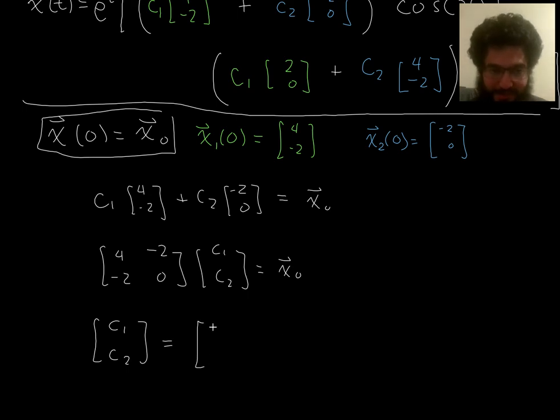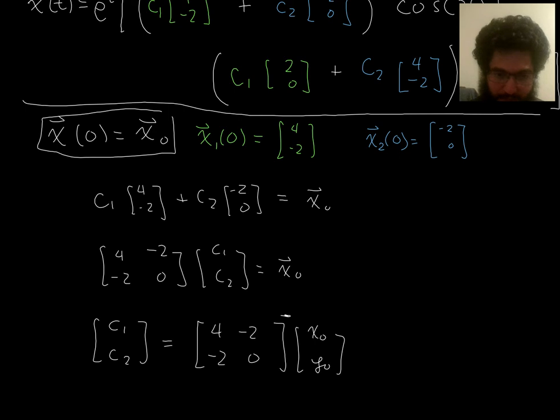Because for inverting this matrix, there's a formula for inverting a 2x2 matrix. So it does save you from some amount of thinking. Okay, let me spell out what the vector x naught is. It's x naught, y naught. And I'm sorry, I forgot the inverse symbol. That was the whole point. So I need to invert this matrix.